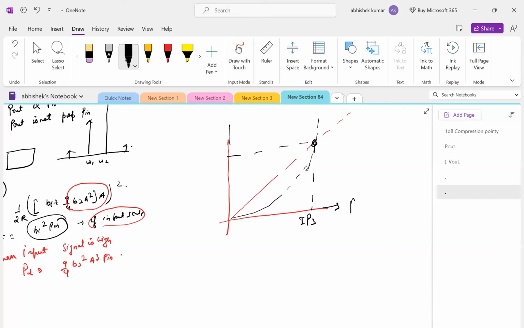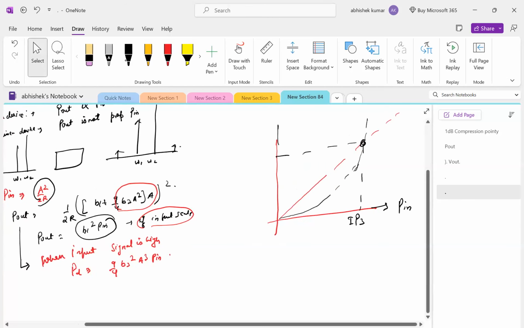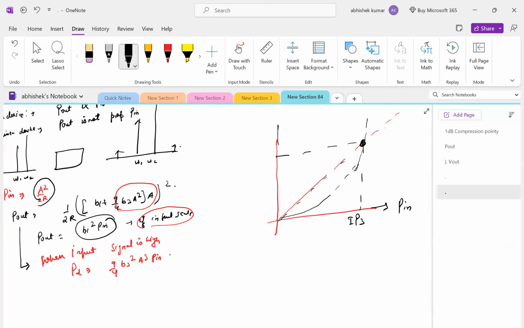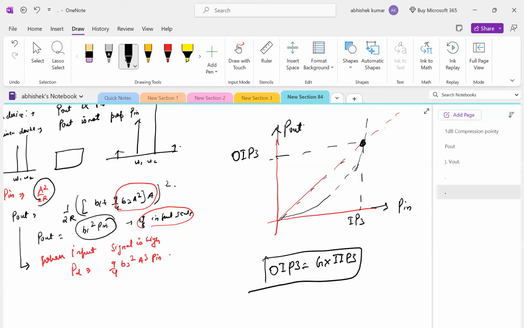It means at the input power where the third-order output intercepts the linear output, that point is known as the third-order IP3 point. The corresponding point at power output is known as OIP3. And OIP3 is equal to gain into IIP3. Are you getting it?